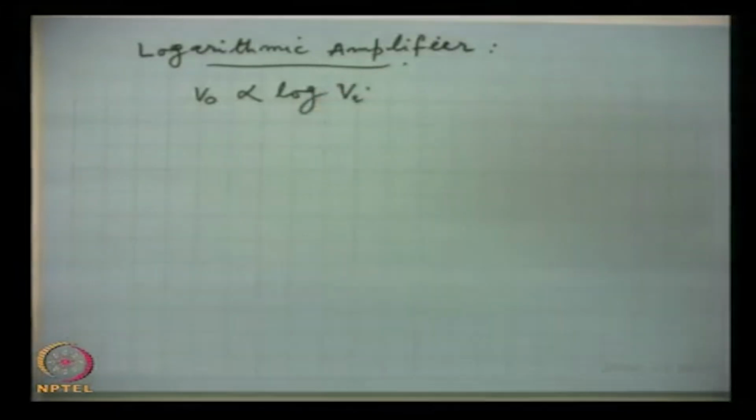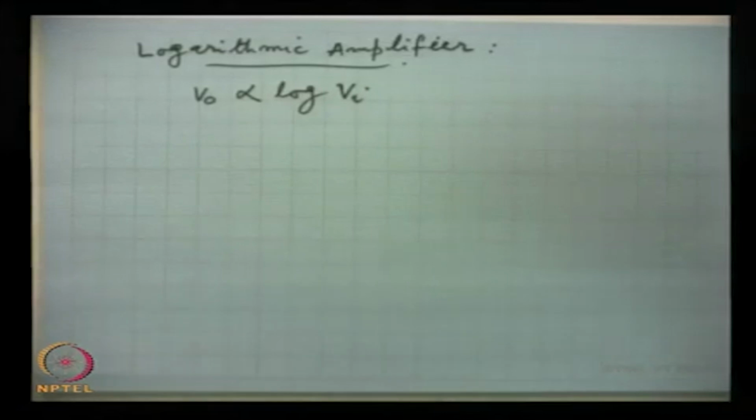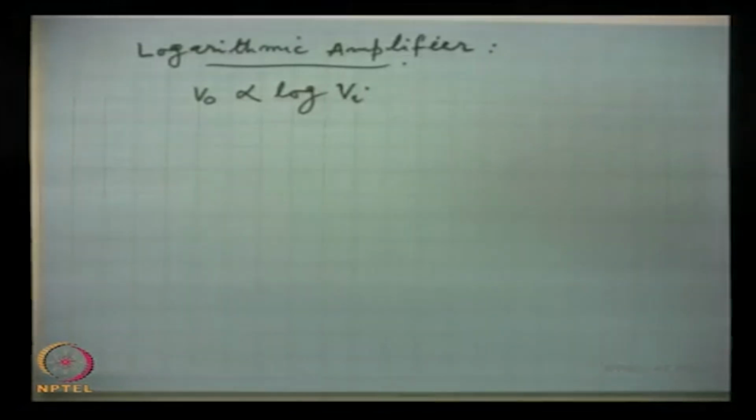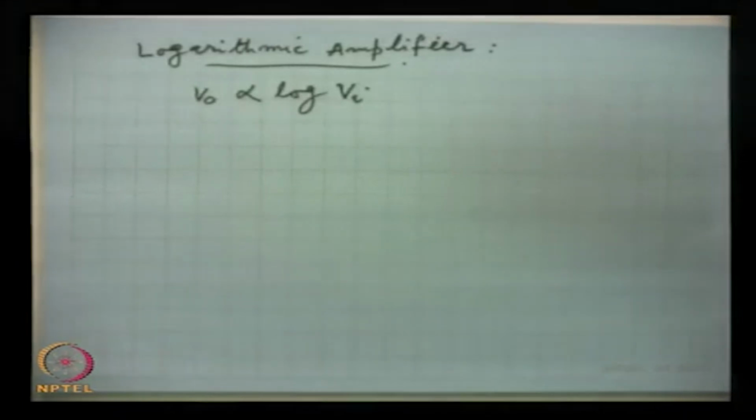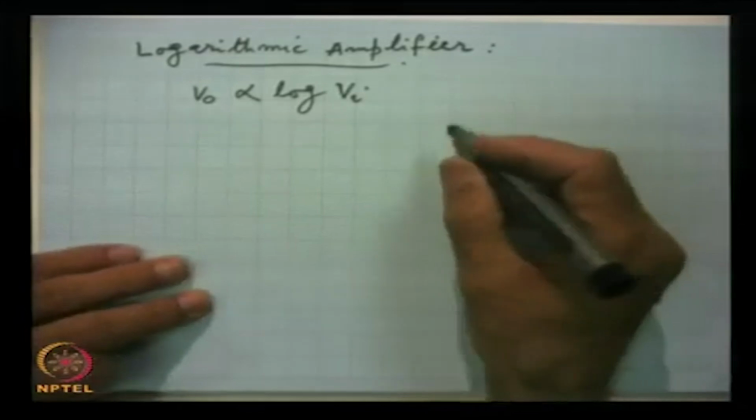This is the logarithmic amplifier. Now, if in the simple inverting amplifier we replace the resistance Rf by a diode, this will be the circuit.